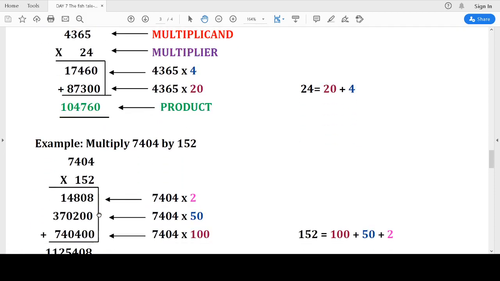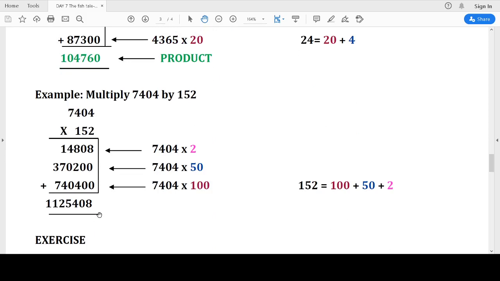Similarly, suppose you have to multiply 7404 by 152. Here the multiplier is 152 and the multiplicand is 7404. So I'll write the expanded form for the multiplier. 152 can be written as 100 plus 50 plus 2. So in the first line I'll multiply 7404 by 2.